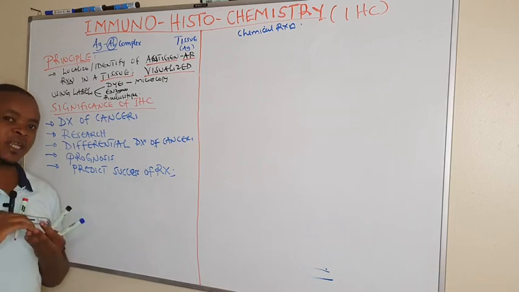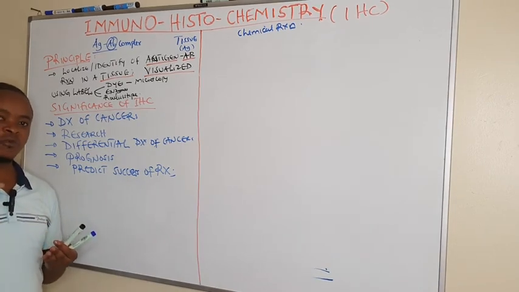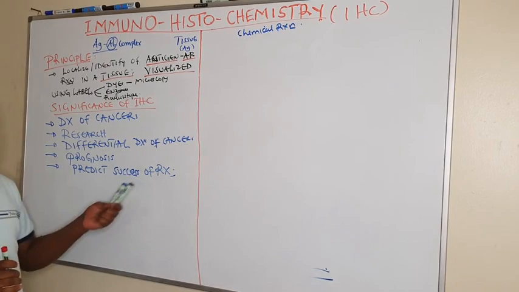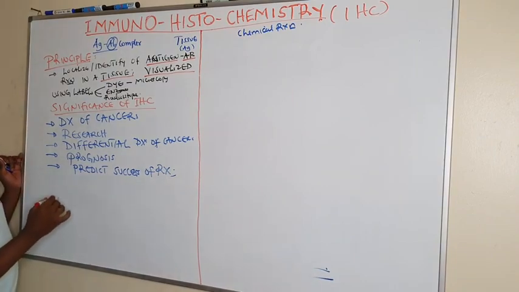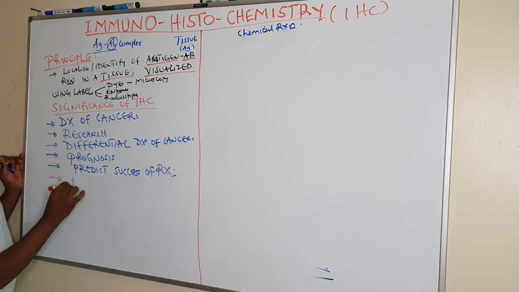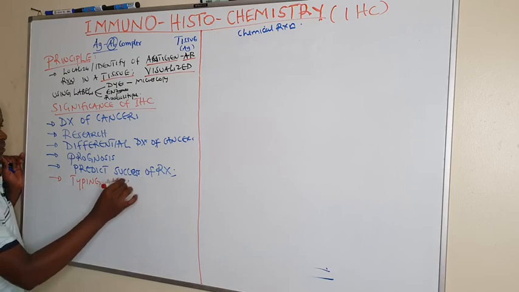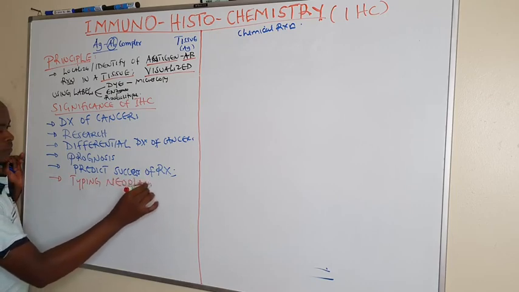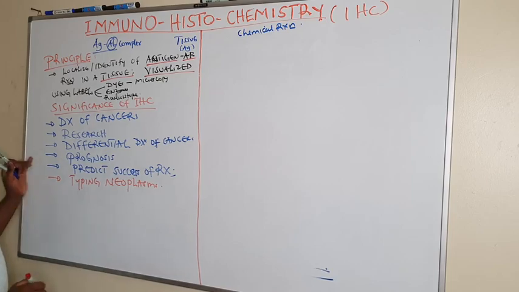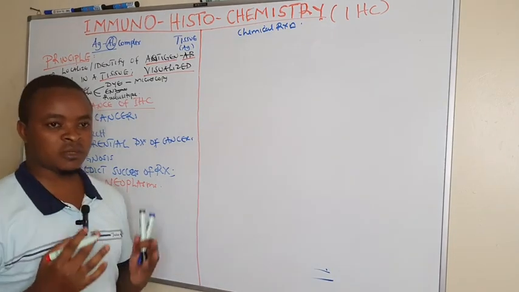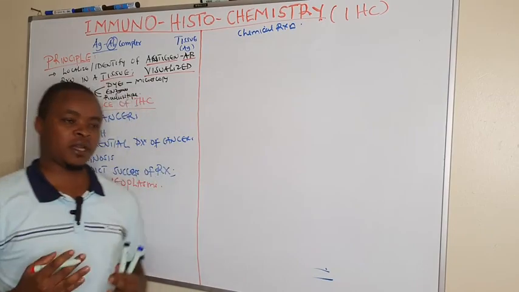If we see they are present and we localize them, then we know we can give a particular drug which will target and kill that tumor. Then lastly, we can use it for typing neoplasms. So these are the major applications of immunohistochemistry in medicine.